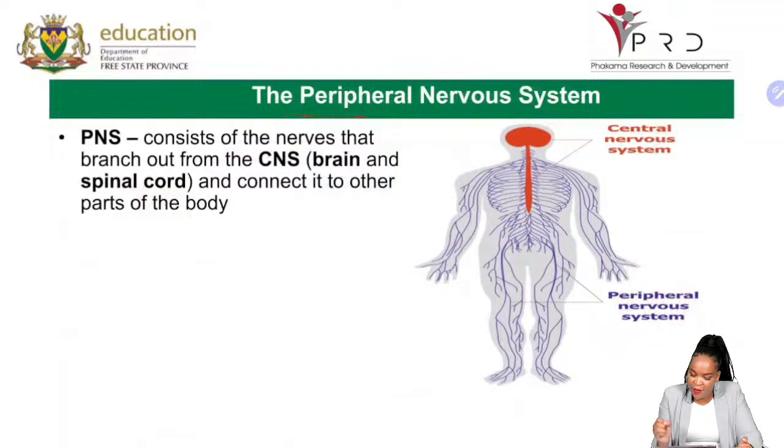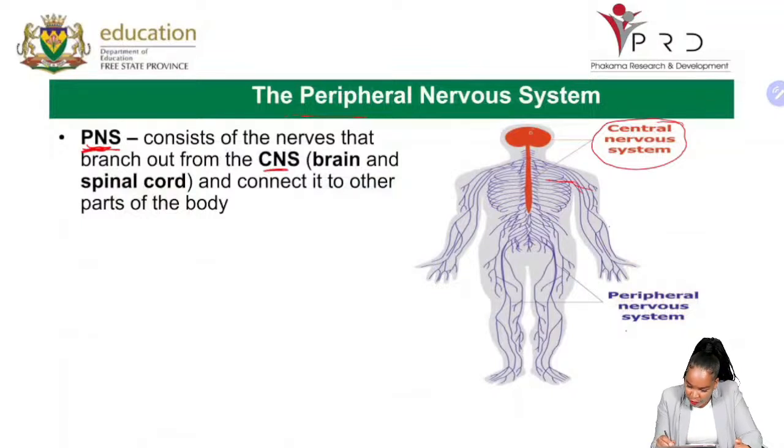So the peripheral nervous system, if you take a look at this diagram, the red part indicates the central nervous system, but the blue indicates the peripheral, the one that is on the side. The blue is the peripheral. Now, the peripheral nervous system consists of the nerves that branch out from the CNS.